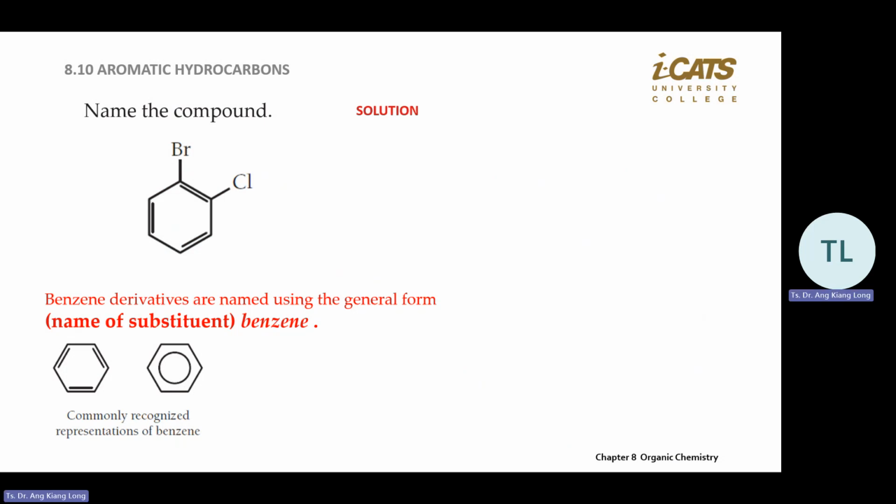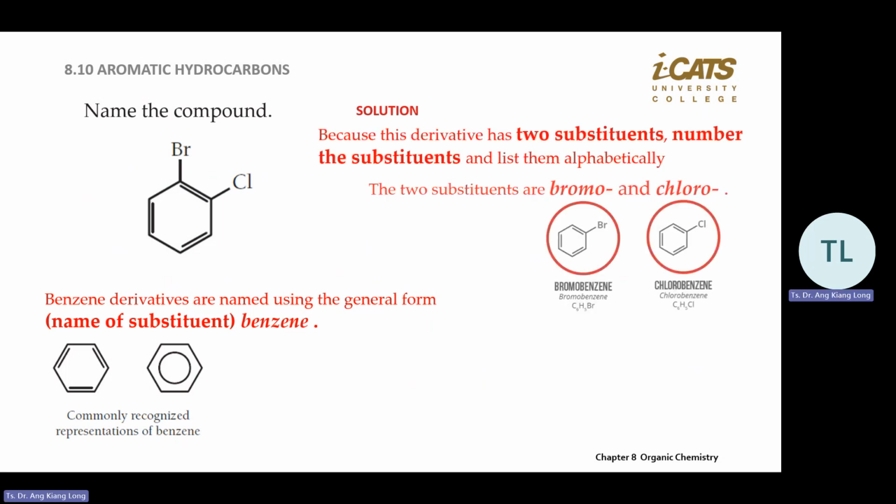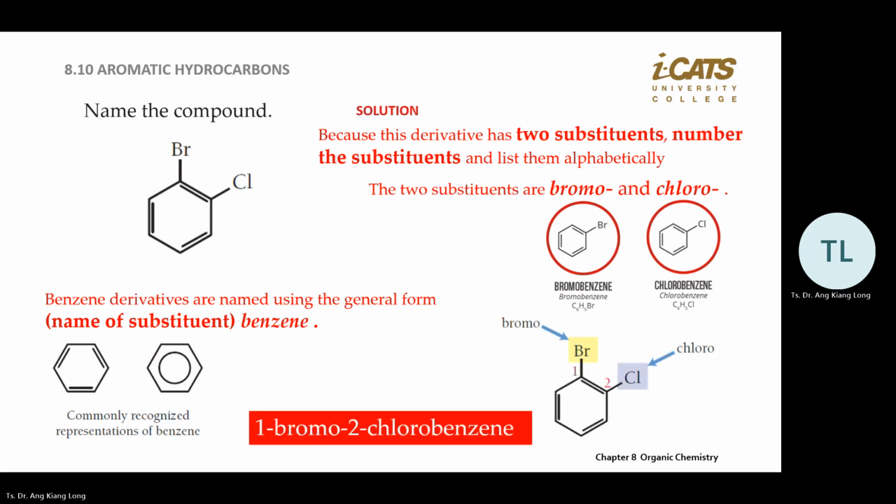You see Br, Cl, you just go to the table and see what the name is. So Br is called bromobenzene. If you see Cl, it is chlorobenzene. You combine these two, it is called bromochlorobenzene. And for the location, you start from the lowest one. You count from number 1 on the top and then clockwise.